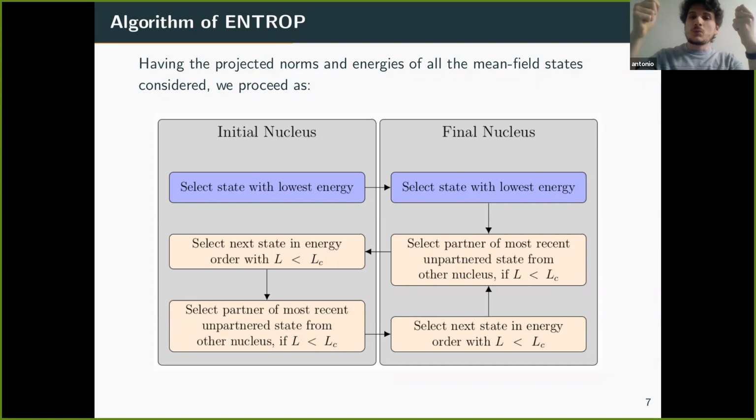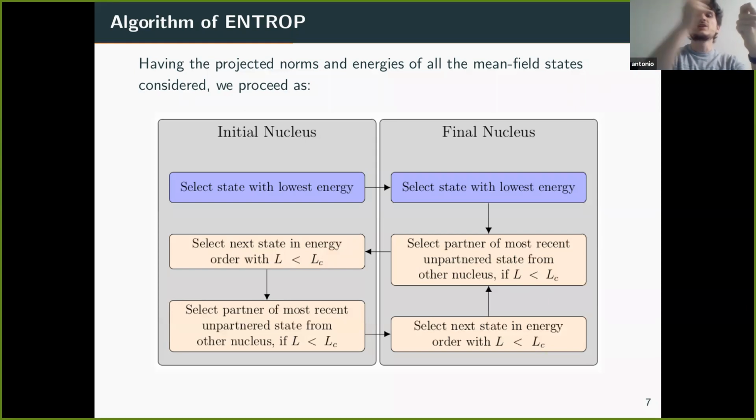Then we stay in the final nucleus, for example, and we take the partner state of the state with the lowest energy in the initial one. So the one with the same deformations will be included in the final nucleus, but again, only if it is orthogonal enough. So if this projection onto the space of selected states is lower than a certain cutoff that we choose. If not, it will be discarded, and then we don't consider it anymore.